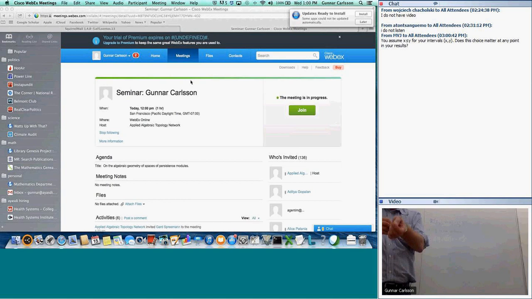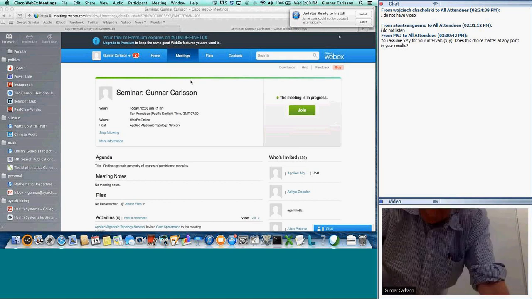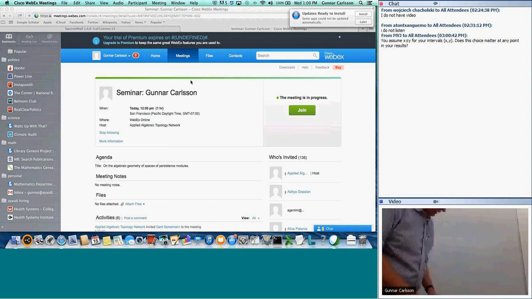Gunnar, a question. When you look at this multi-barcode, let's say two-dimensional, the space of rectangles. Well, the persistence modules are very complicated, right?